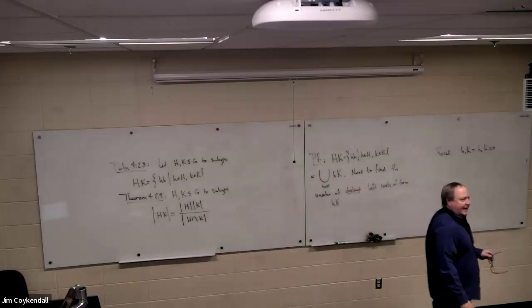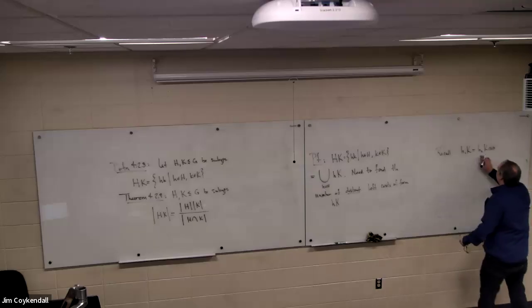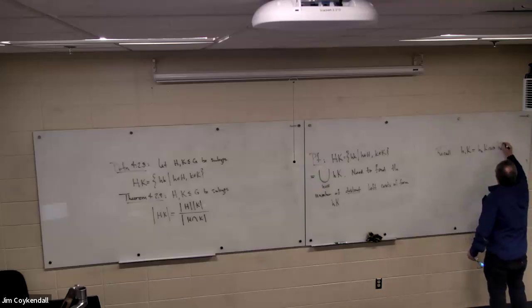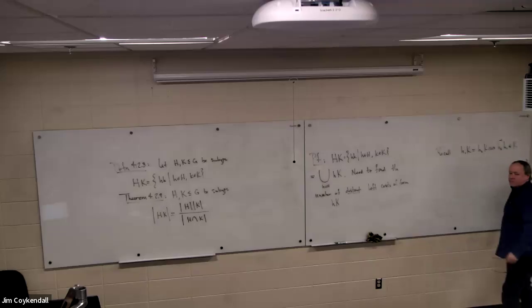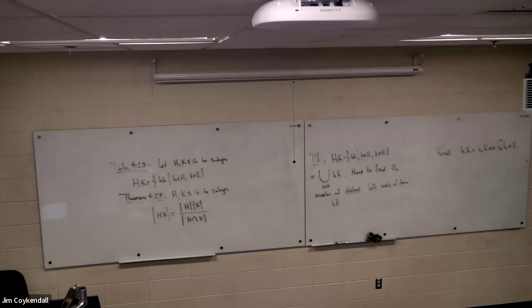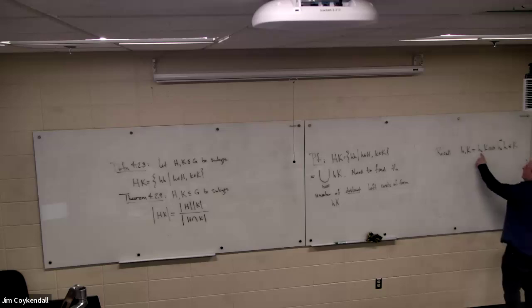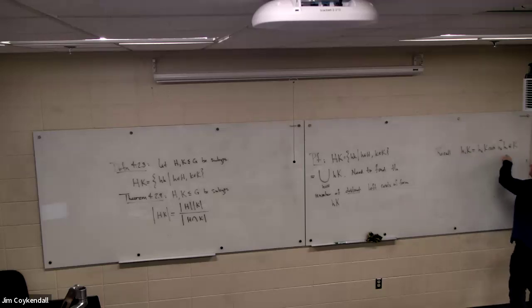No, it's looser than that. If and only if h2 inverse h1 is in K. Certainly that's true if h1 and h2 are the same, but this is more generally true. Remember, that's how we tell two cosets are the same: if the inverse of this times this is in K, right?